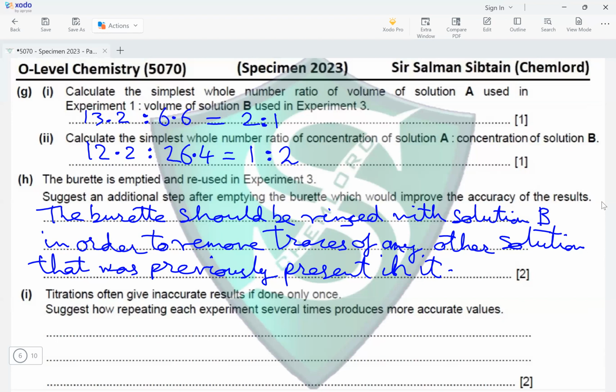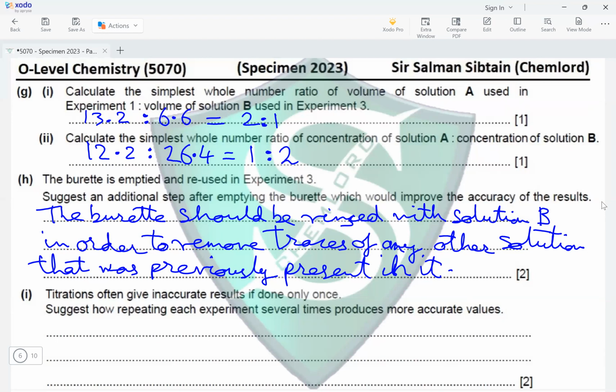Those are called anomalous results and we omit them, right? So when we repeat the titration and we get similar results, we add up those results and take the mean value. The mean value tends to be more accurate than any of the individual results that we obtain. So this makes our results more accurate. So repeating the experiment and taking the mean value.